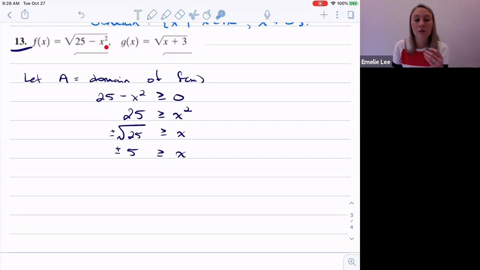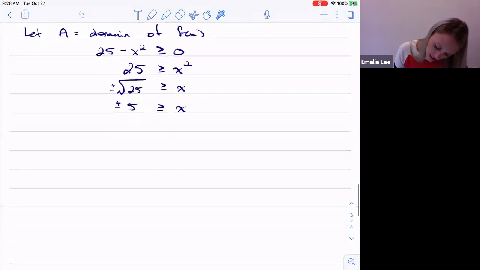Because if I plug in positive 5 here, I get 5 squared, which is 25. 25 minus 25 is 0, so that's fine. Same thing if I plug in negative 5 here, negative 5 squared is also 25, so 25 minus 25 is 0.